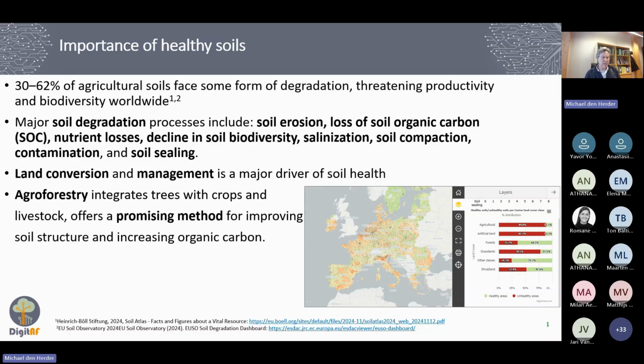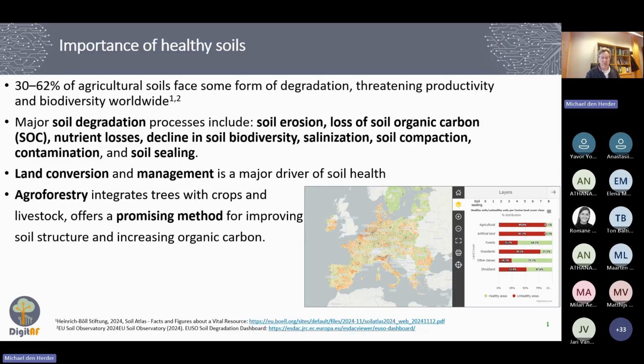Here on this map, from the EU soil monitoring dashboard, you can see there is quite a lot of degraded farmland where there is some problem with soil health. Soil degradation processes can be soil erosion, loss of soil organic carbon, nutrient losses, decline in soil biodiversity, salinization, soil compaction, which is a big problem, contamination, and soil sealing.